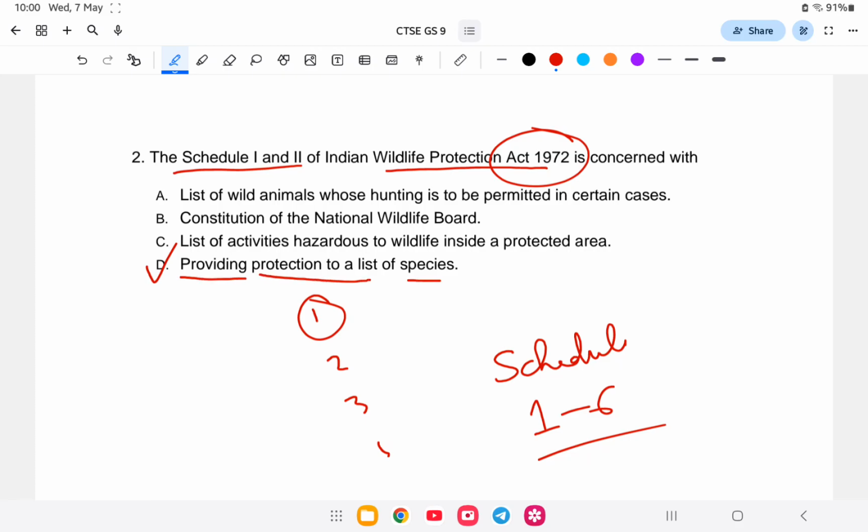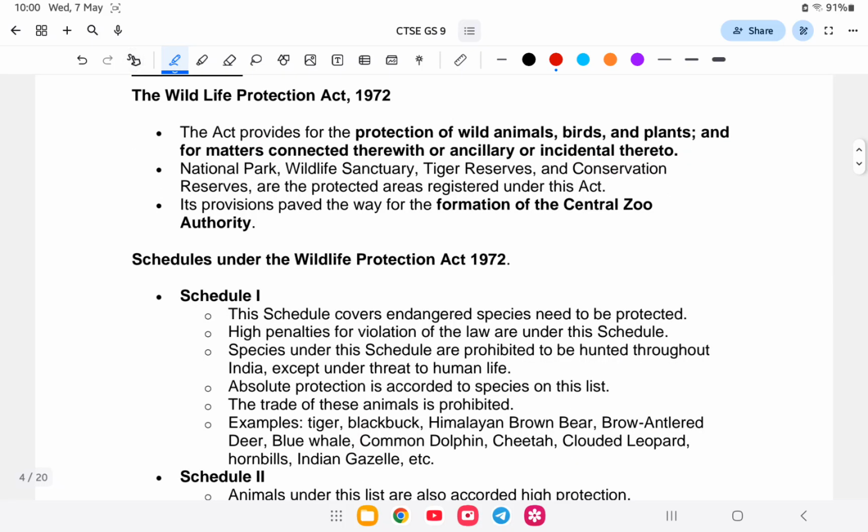So let us study in detail schedules 1 to 6. The Wildlife Protection Act provides for the protection of wild animals, birds and plants connected therewith, or ancillary or incidental thereto. National parks, wildlife sanctuaries, tiger reserves and conservation reserves are protected areas registered on the recommendation of the Central Zoo Authority.